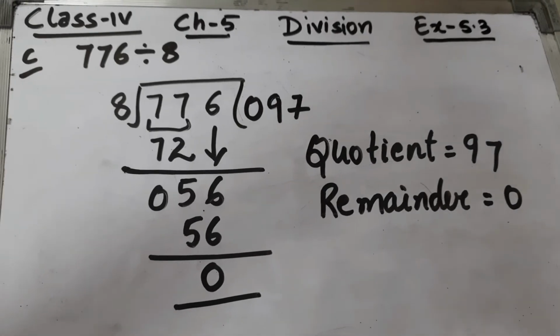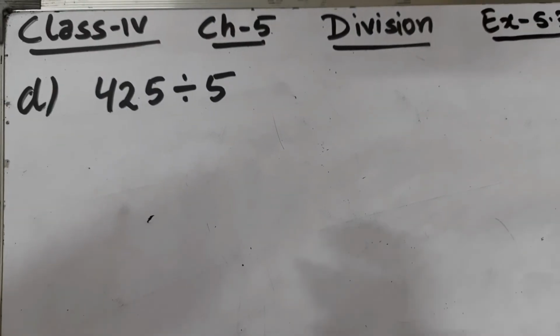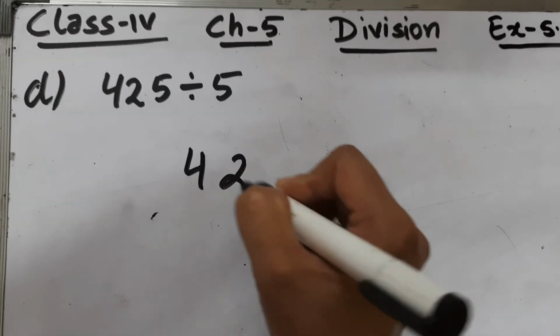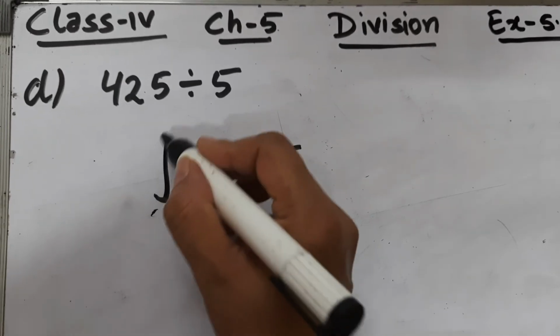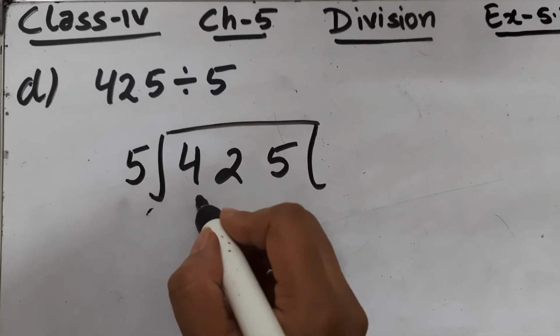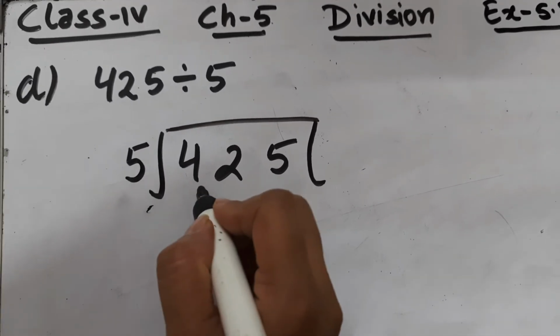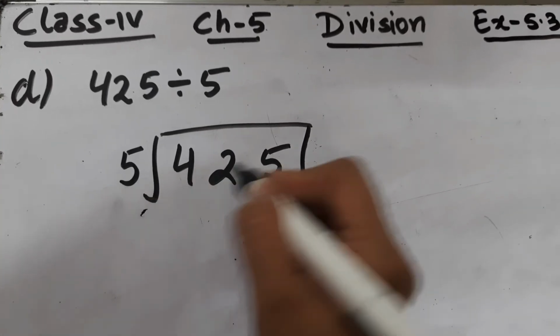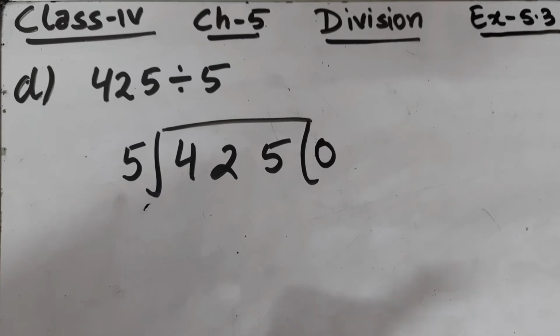Now let's start D part. D part is 425 divided by 5. We have to divide 425 by 5. See, is 4 divisible by 5? No, 4 is not divisible by 5 because this is smaller than 5. So we will put 0 at the quotient place.